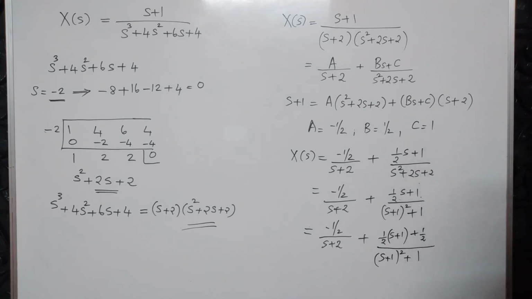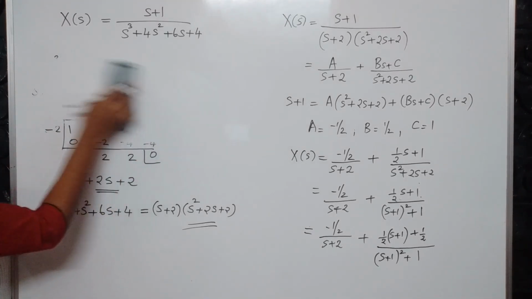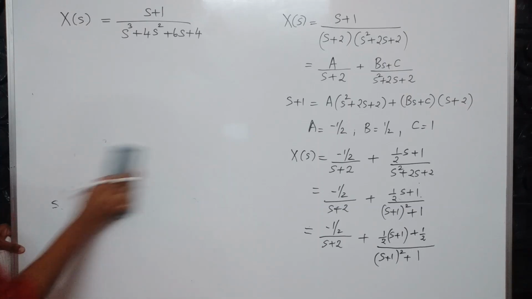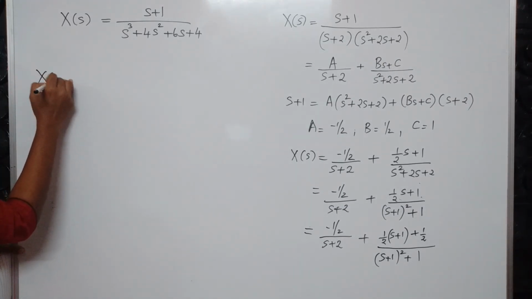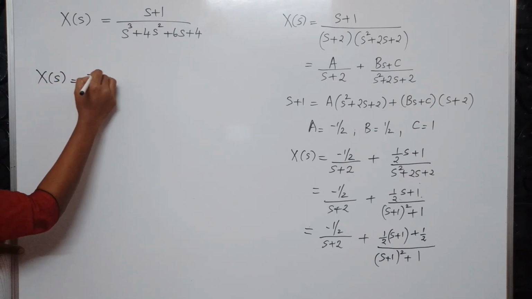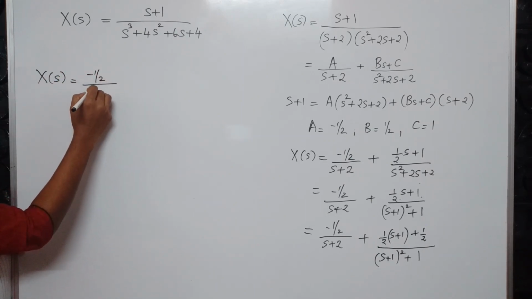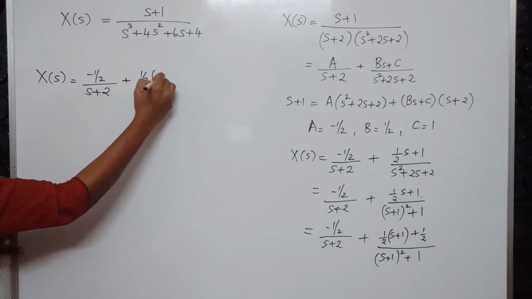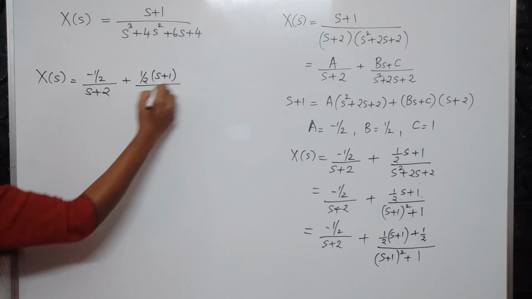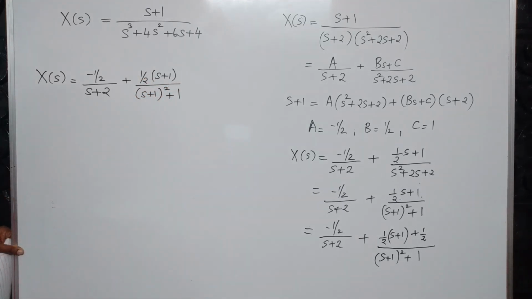Okay. Now you can split that into two different terms. That is, x of s can be written as minus 1 by 2 by s plus 2 plus 1 by 2 into s plus 1 by s plus 1 the whole square plus 1, which can be written as 1 square also.